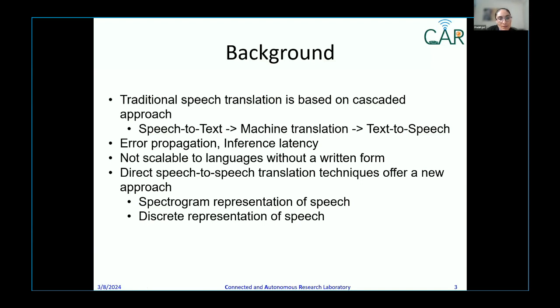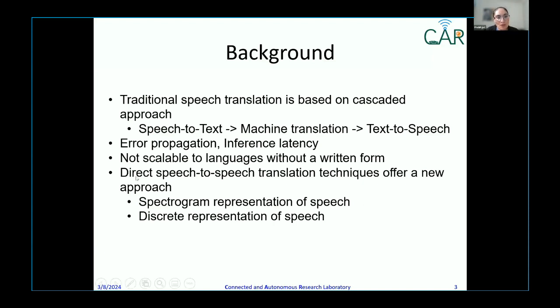The new approach for speech translation is called direct speech-to-speech translation. This approach tries to bypass the pipeline. We take speech in the source language and we want to convert that speech directly into the speech in the target language without the text.